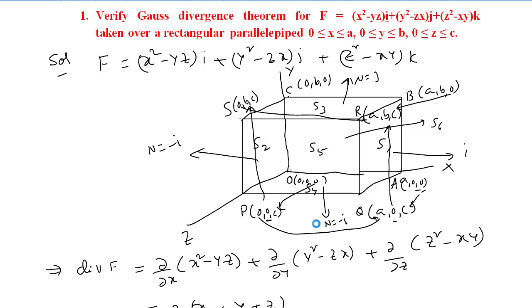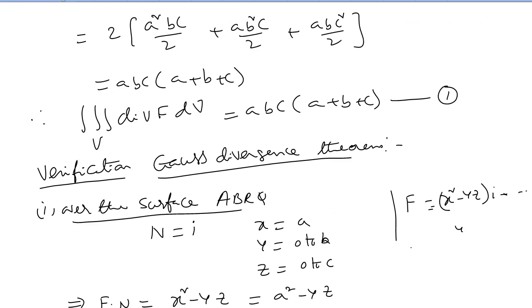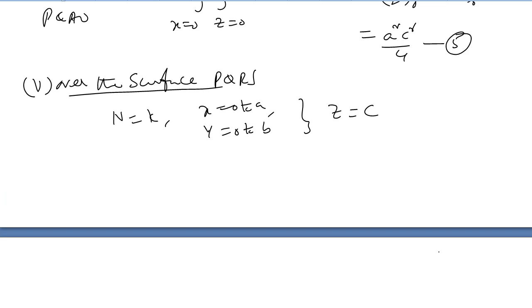After that, add all the 6 values, you will get the surface integral. Double integral of f dot n ds over the surface PQRS, x is 0 to a, y is 0 to b.